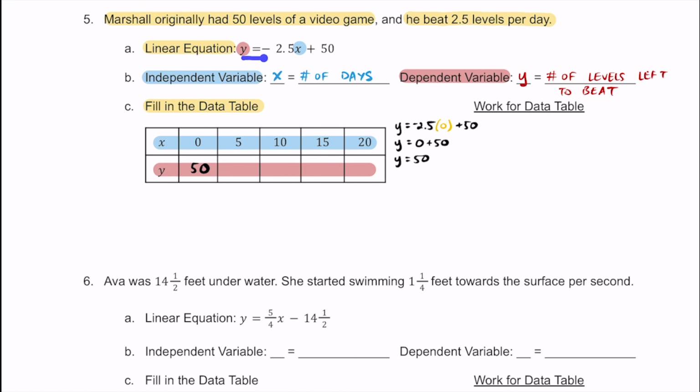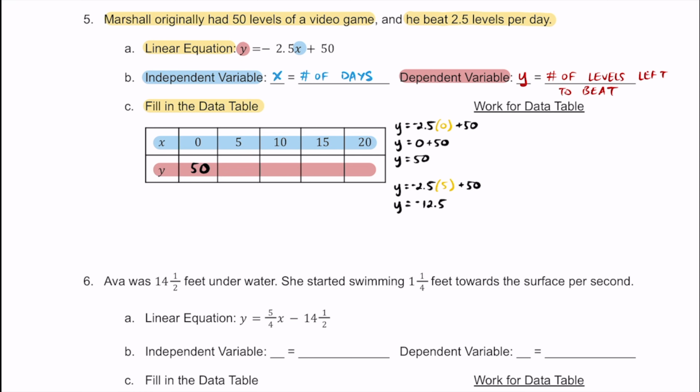What about for this next scenario? So we have x equals 5, so 5 days go by. Let's substitute that in. So that's going to be y is equal to negative 2.5, and we're going to multiply that by 5. So if 5 days go by, he's definitely going to beat some levels, plus the 50 original levels. So what's negative 2.5 times 5? Well, if you need to do that on the side, feel free to do so, but that's going to be negative 12.5.